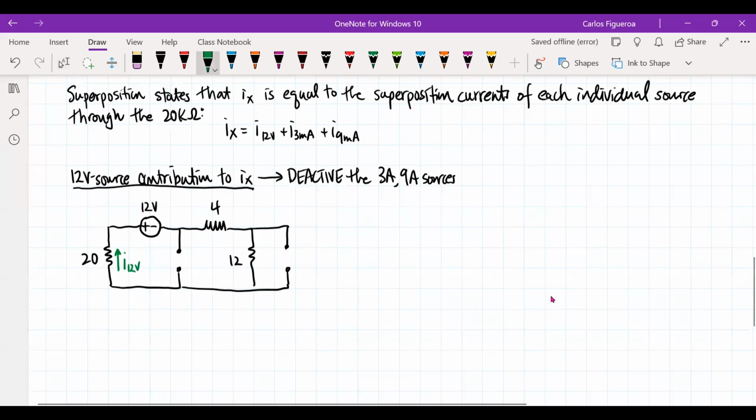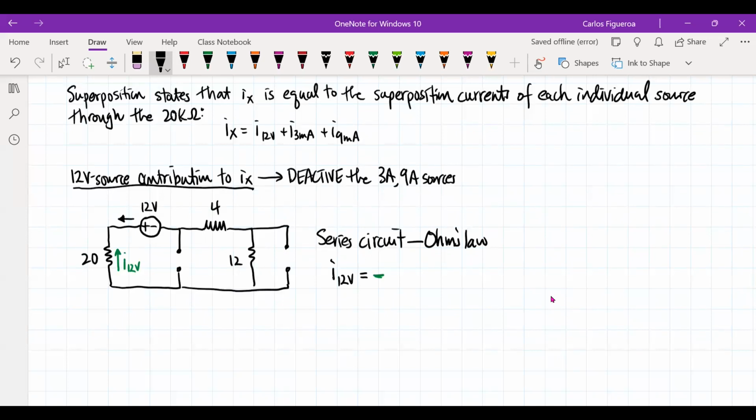You can see that this is a series circuit, which means I'm going to use Ohm's law. If I look at that 12-volt, the first thing to note is that this is going to be in the opposite direction of the source current, because the source current is coming in that direction.